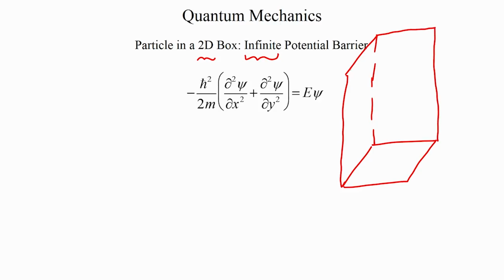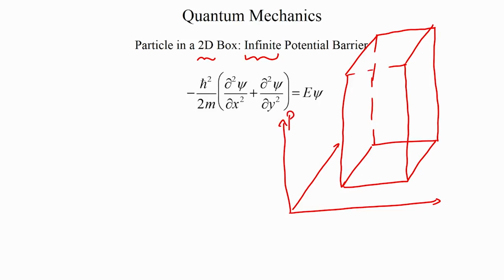So let us imagine a rectangular box. It's a two dimensional drawing, and on the z axis you have potential. Let's call this x and that y. Initially we only looked at the 1D case, where the distance was in only one direction, but now you have a two-dimensional distance plane.